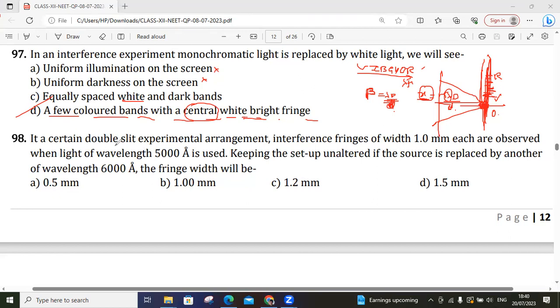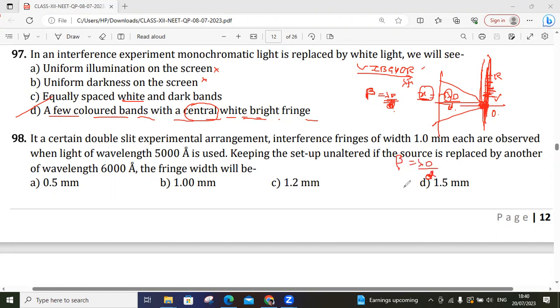Then the 98th problem. In a certain double slit experimental arrangement, interference fringes of width 1 mm each are observed when light of wavelength 5000 angstrom is used. Keeping the setup unaltered, if the source is replaced by another of wavelength 6000 angstrom, what will happen to the fringe width? Beta is equal to lambda D by d.